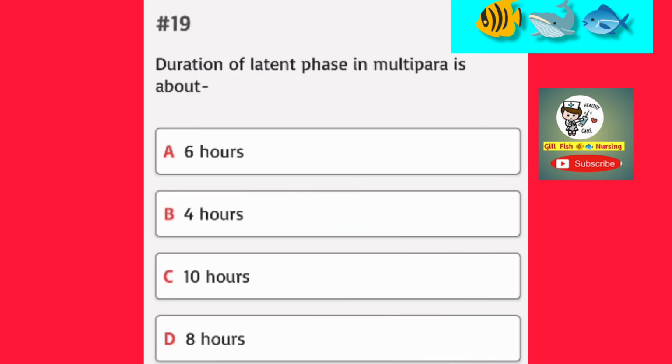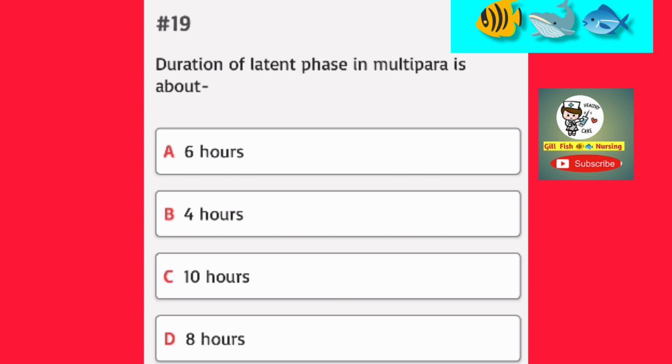Okay, next question. The duration of the latent phase in a multipara is about how many hours? A 6 hours, B 4 hours, C 10 hours and D 8 hours. In the primigravida it is 8 hours.